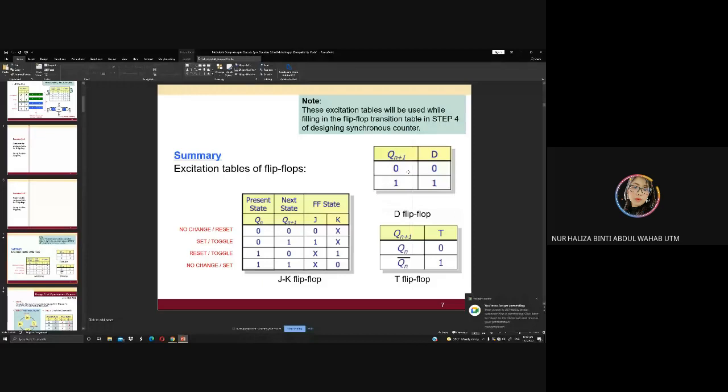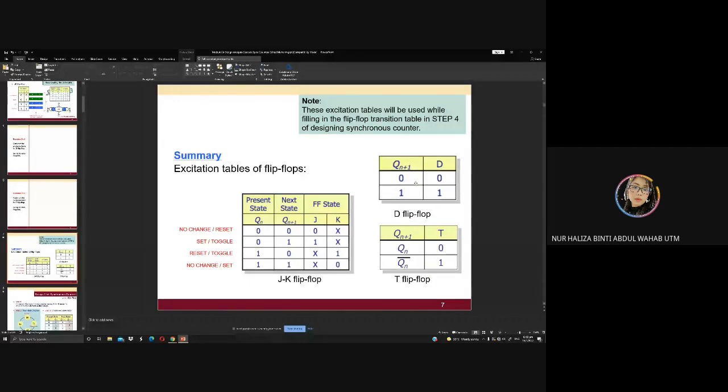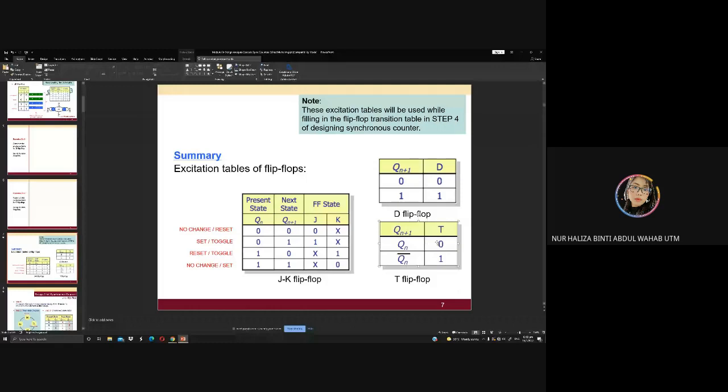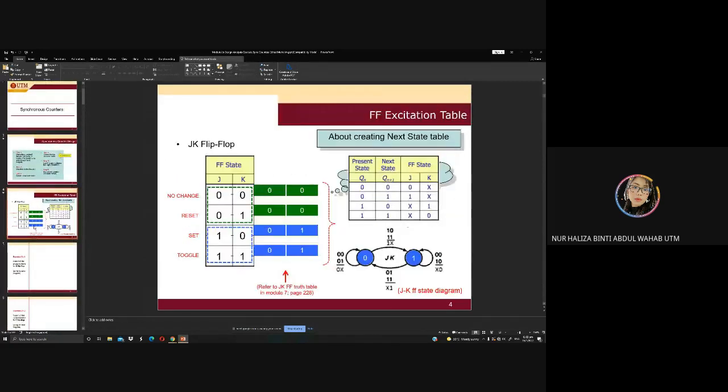And then you need to construct how to get the D flip-flop excitation tables, and another one is your T flip-flop excitation tables. So you need to come out with the table just now like this.